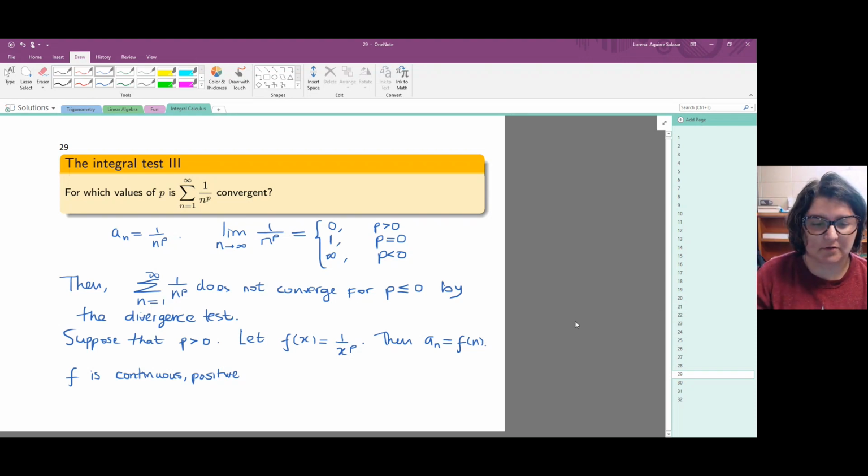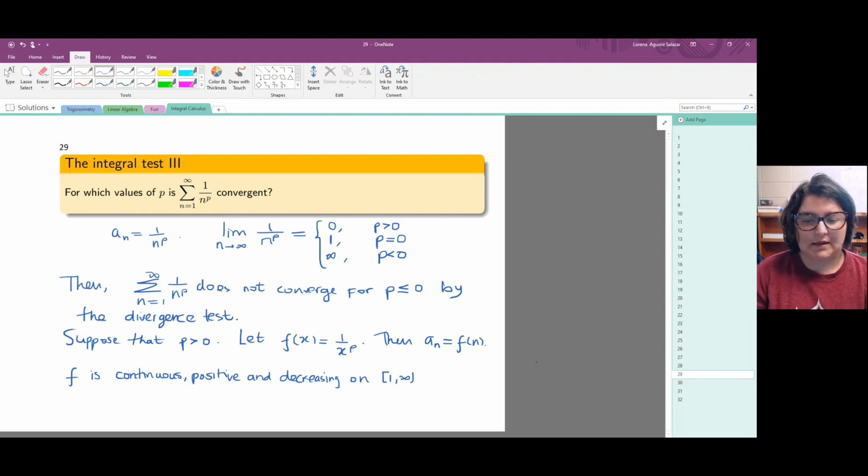We have something that goes down, decreasing as long as we keep x after 1. So we can say that this function is positive and decreasing from 1 to infinity. And then when we can match a_n with f of n, where f is a function like that, we can use what is called the integral test to test for convergence.